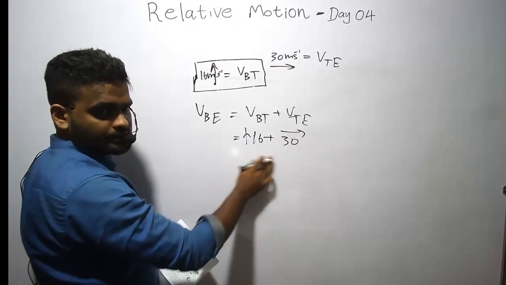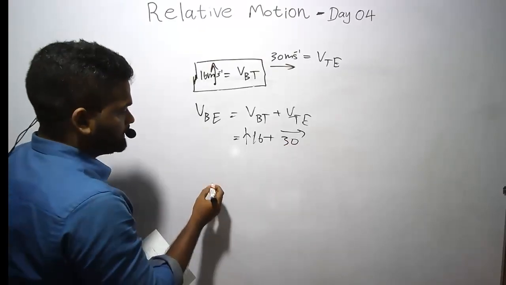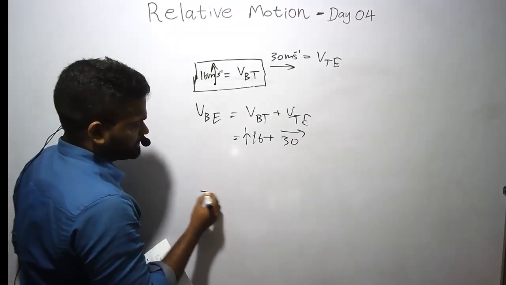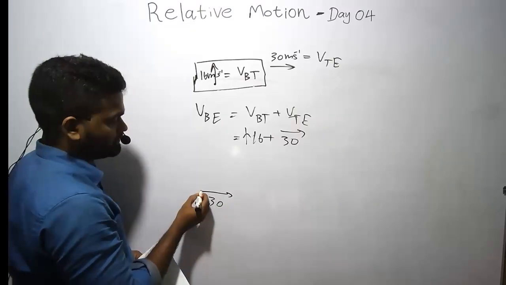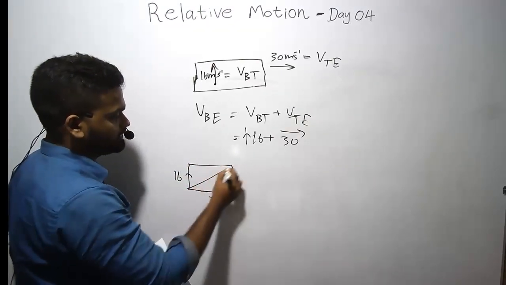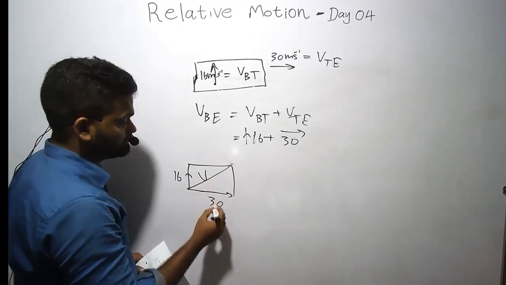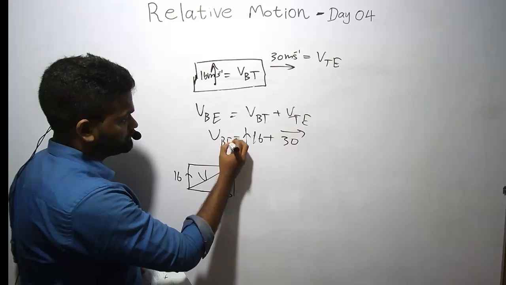So we have two vectors, then do a vector calculation. 30 to this side, 16 to this side. Draw a rectangle, find the length of the diagonal. That's going to be VBE, right?